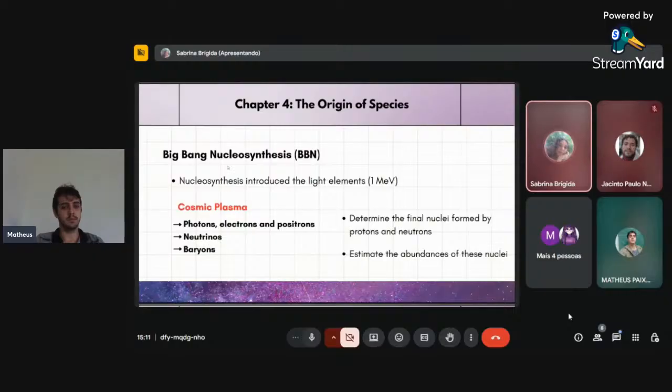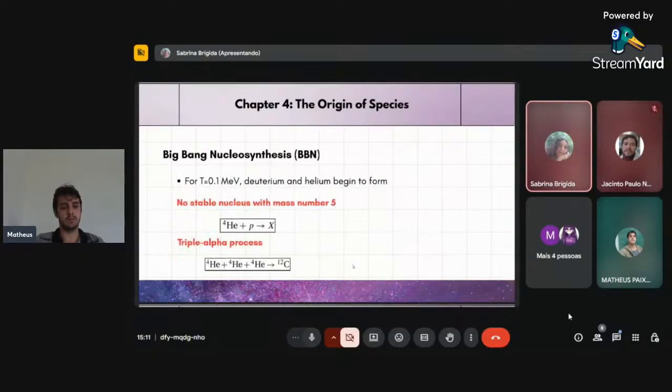What we want is to determine the final nuclei formed by protons and neutrons, and we can try to estimate the abundance of these nuclei. During BBN, when the temperature was around 0.1 MeV, some light elements started to form, such as deuterium and helium.